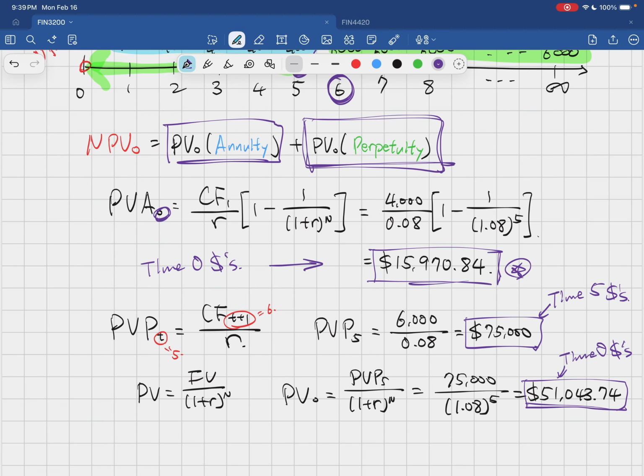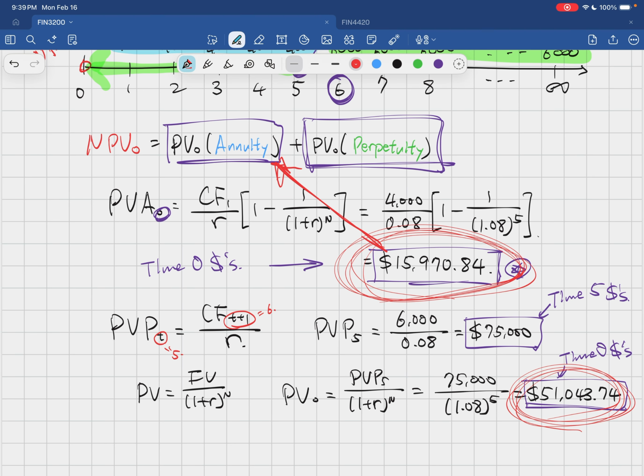So we're going to add this $15,970.84 and this number to get the NPV. Again, this was this number, and this was this number.